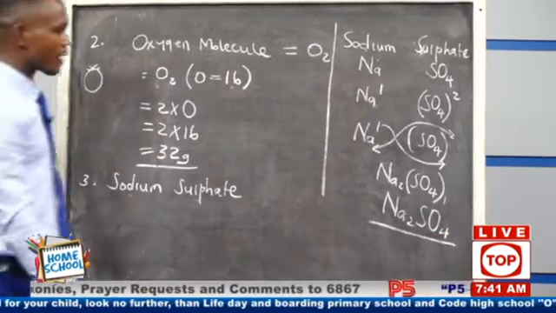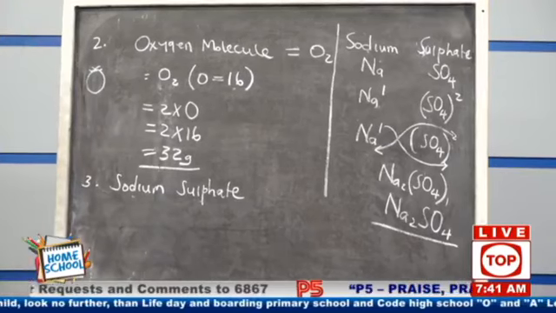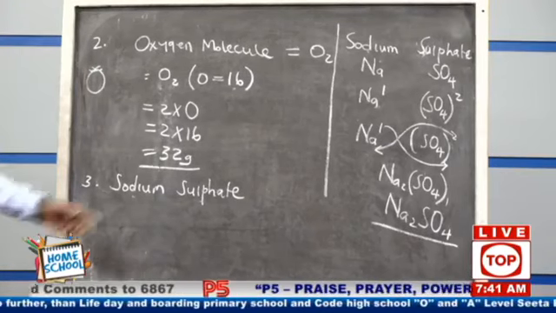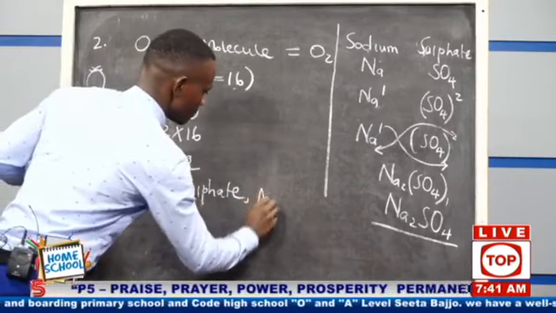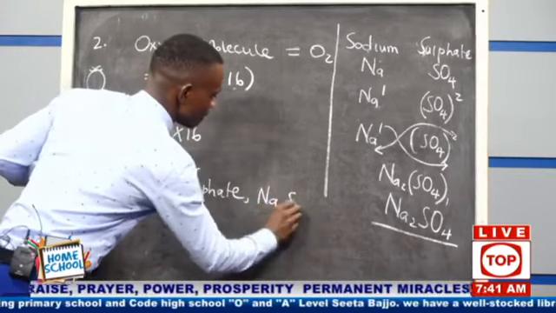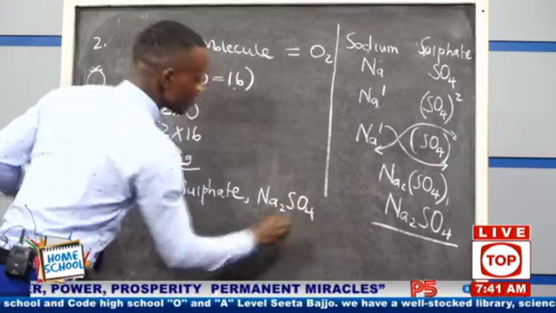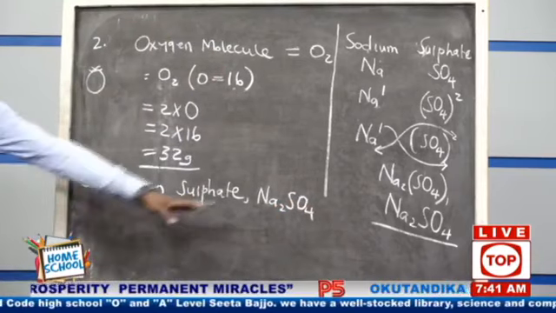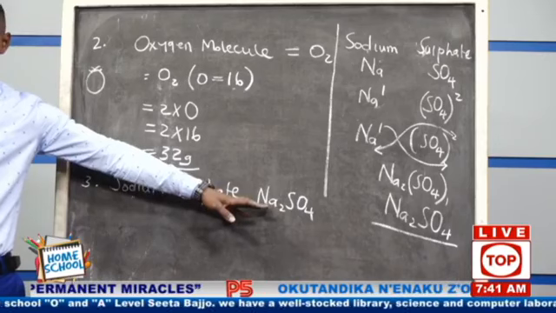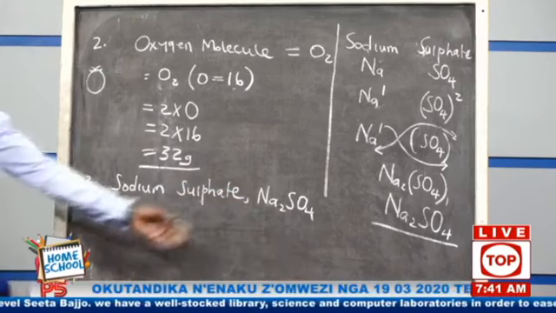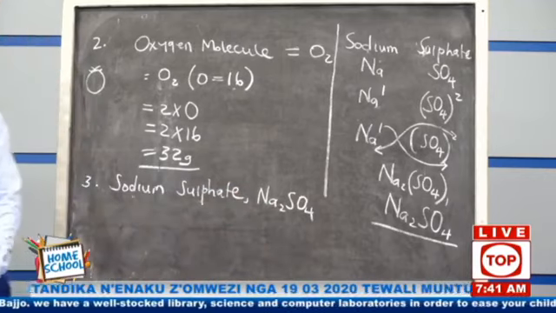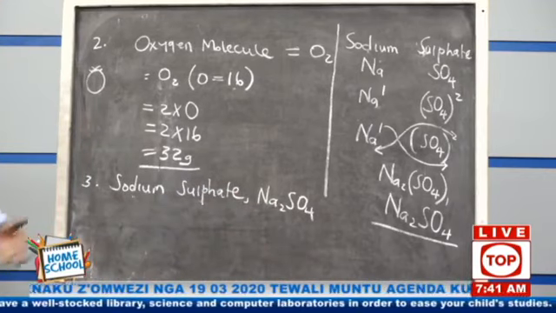That means that one becomes the chemical formula of sodium sulfate. Then we put it here. Sodium sulfate is that one. Once you have this one, you are sure that you have done the number. Because once you fail to get this one, the number is not going to be correct.